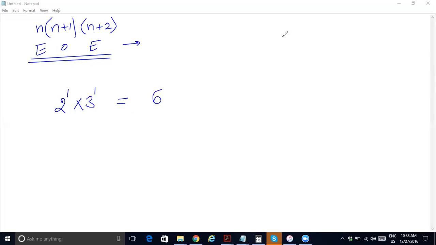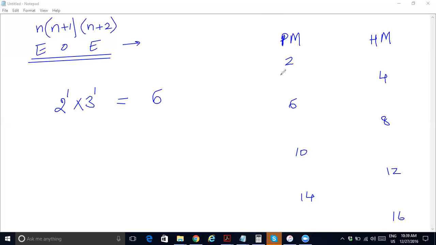So there are pure multiples and higher multiples. 2, 4, 6, 8, 10, 12, 14, 16, like this.